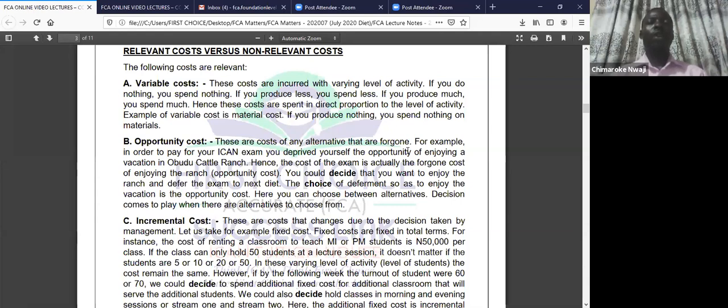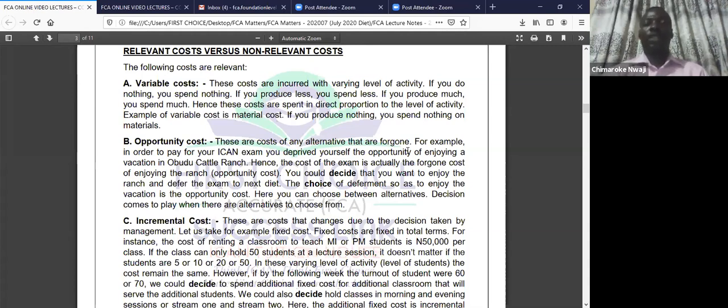If you do 100 units, a proportionate cost equal to 100 units would have been spent. So your variable cost spent is directly proportional to your level of activity. So variable costs are relevant.